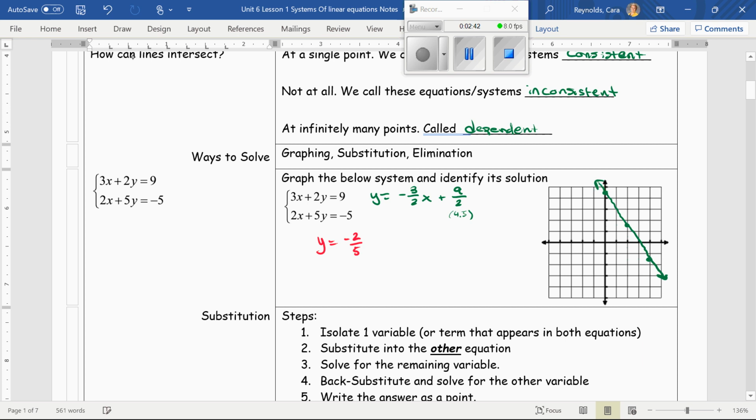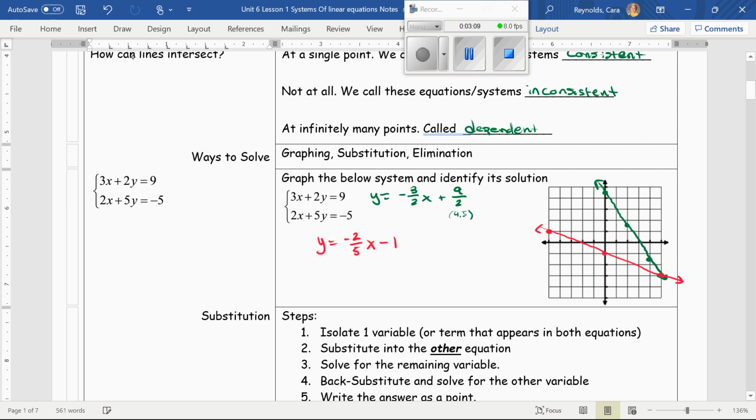So -2/5 x minus 5 over 5. So the y-intercept is here, going down 2 over 5. Looks like we're going to hit right there. You could also go up to the left 5 to get another point there and make this line a little straighter.